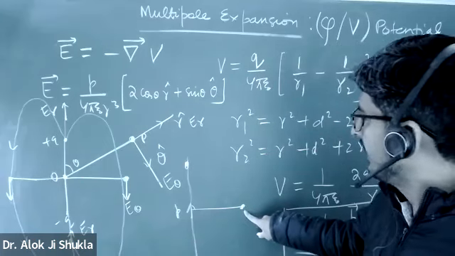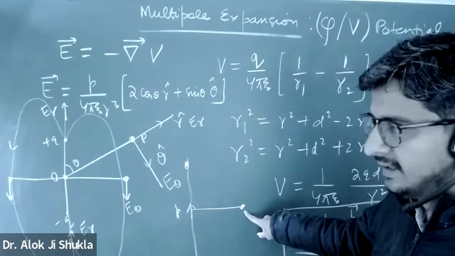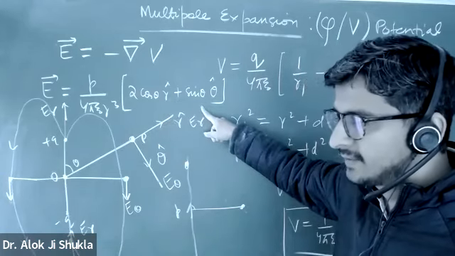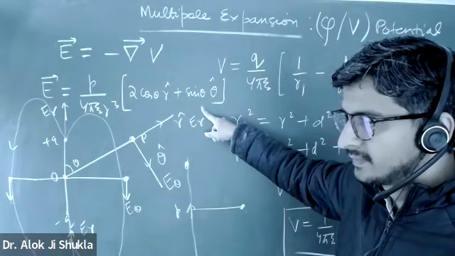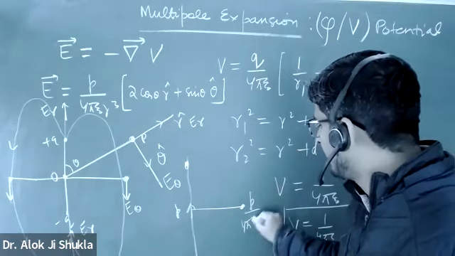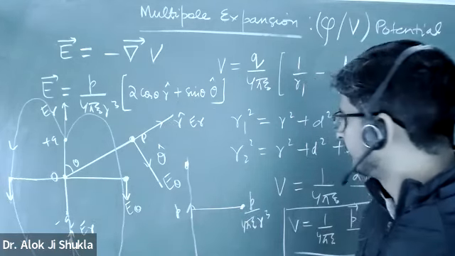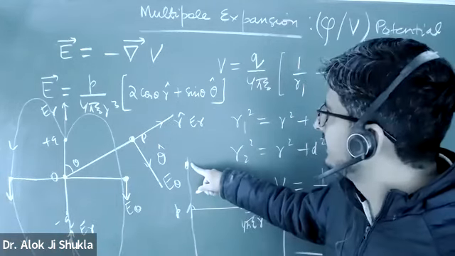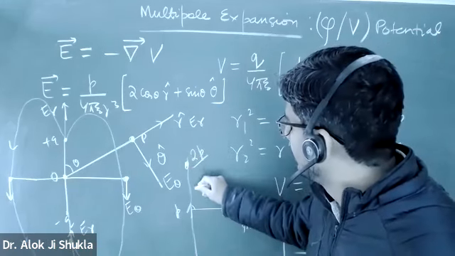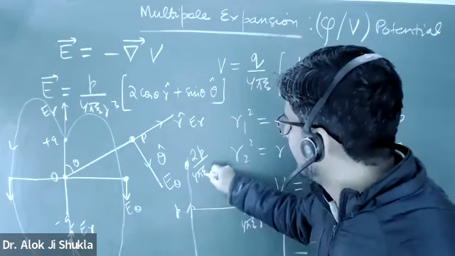Please see, here theta will become 90, so this term will be gone. Only this term will be there. So here the field will be P by 4 pi epsilon naught r cube. Am I right? Yes sir. And here theta is 0, so the field will be 2p by 4 pi epsilon naught r cube.